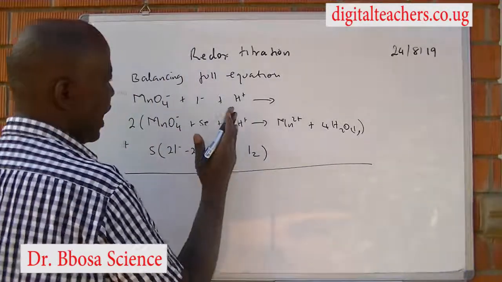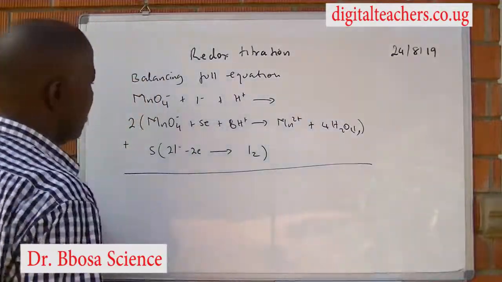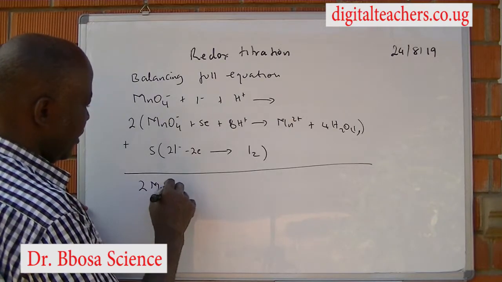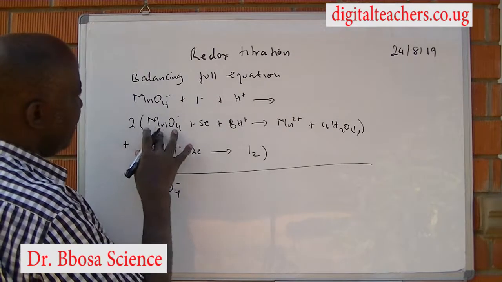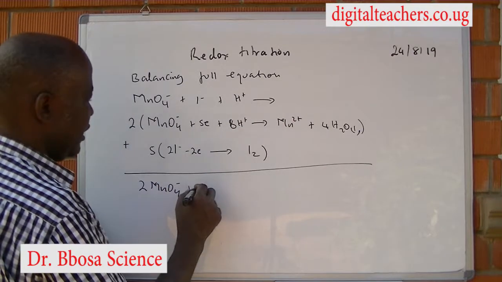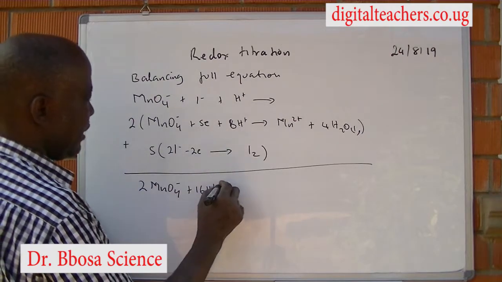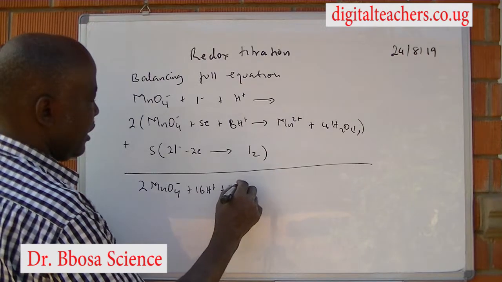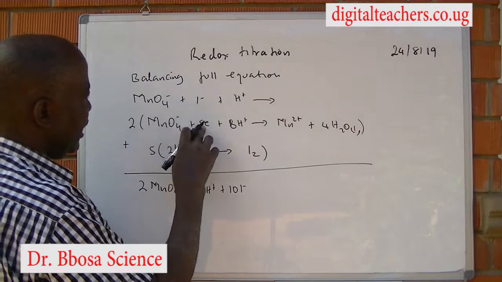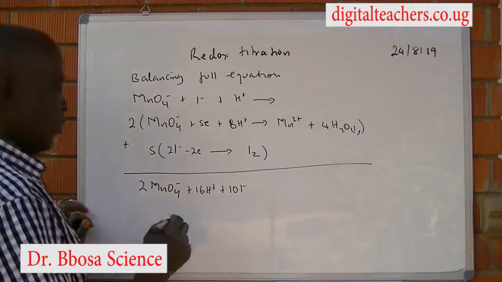So what we do, we add whatever is on the left and then we add whatever is on the right. So here we shall get the full equation as 2 times manganate, then plus 16 hydrogen plus 10 iodide ions, then 10 electrons minus 10 electrons, we get 0.